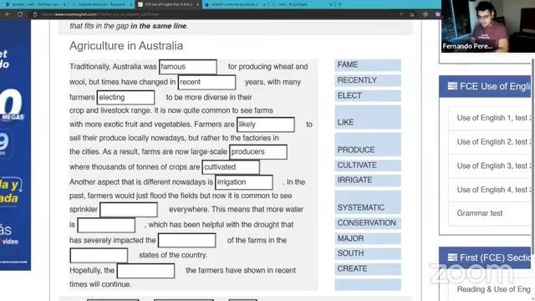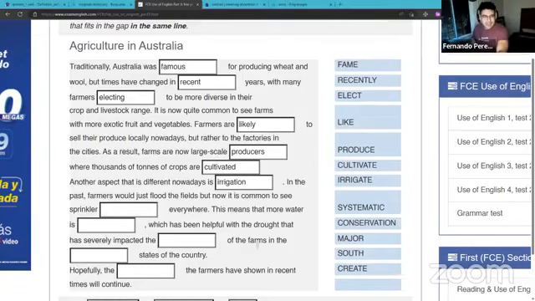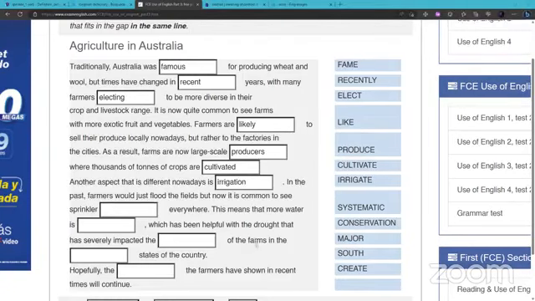I don't know. In the past, farmers would just flood fields, but now it's common to see sprinklers. I think that is an adverb, okay? Why do you think it's an adverb?